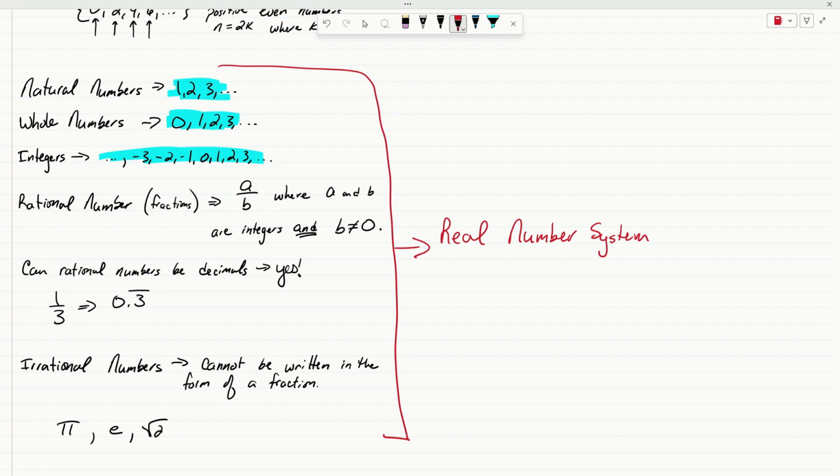So all of these numbers make up the real number system. And to keep this simple, the real number system is basically any number you can plot on a number line. Okay? It's any number you can put on a number line.